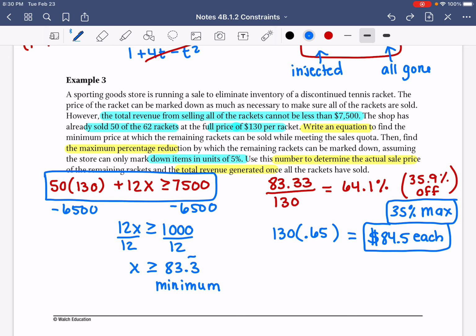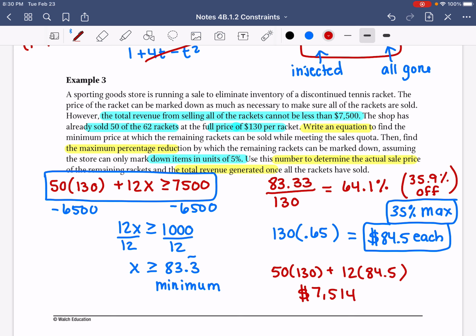Then the last thing it wants us to find is the total revenue. So we had the 50 rackets at 130 plus 12 rackets at 84.5. When you add that all up, I used my calculator earlier, I think it's $7,514.